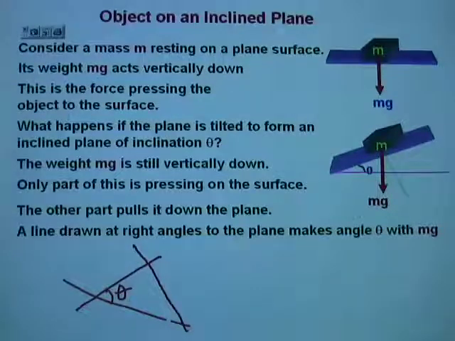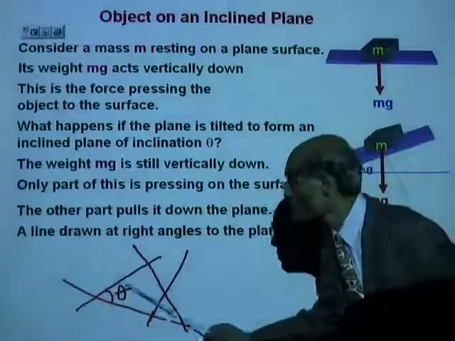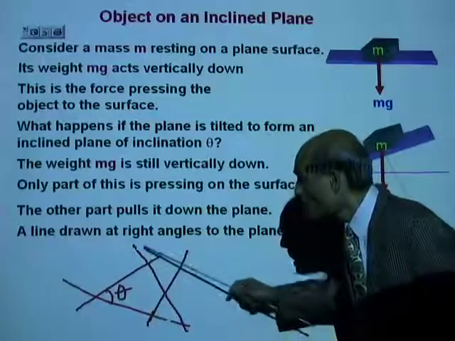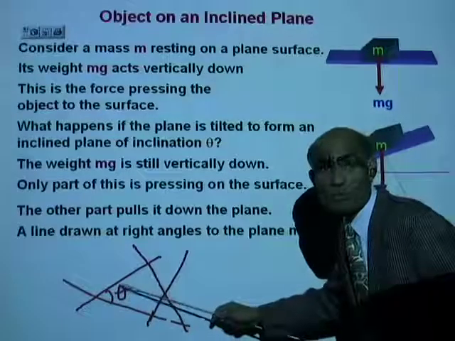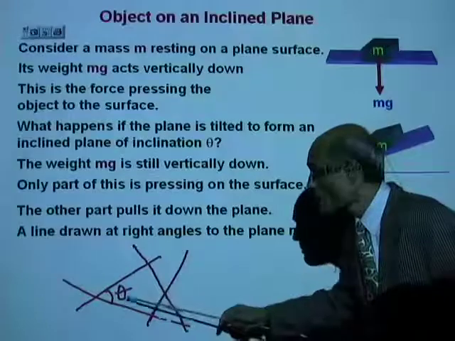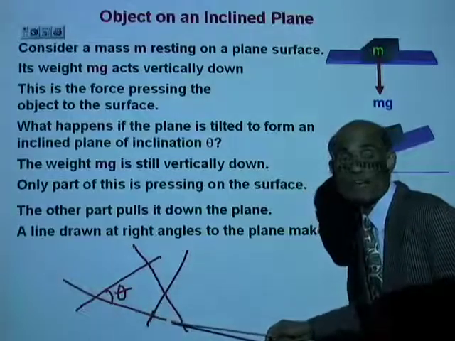And draw another line perpendicular to the second line. So you notice that these are the two initial lines making an angle theta. I drew a third line perpendicular to the first line, then a fourth line perpendicular to the second line.